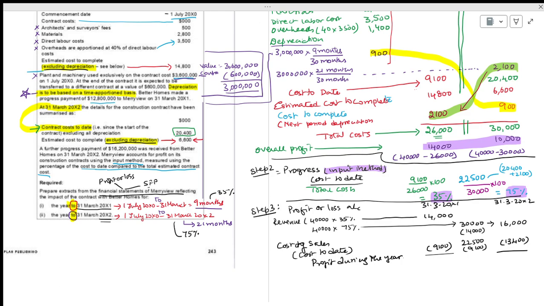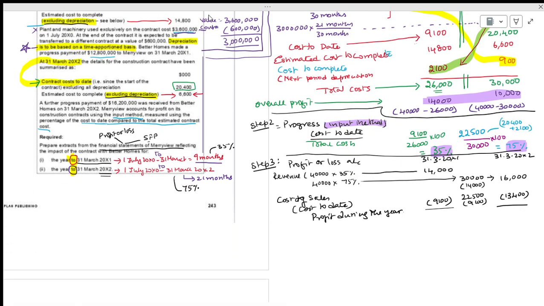That is the reason in the second case we have deducted 30,000 minus 14,000 and 22,500 minus 9,100.